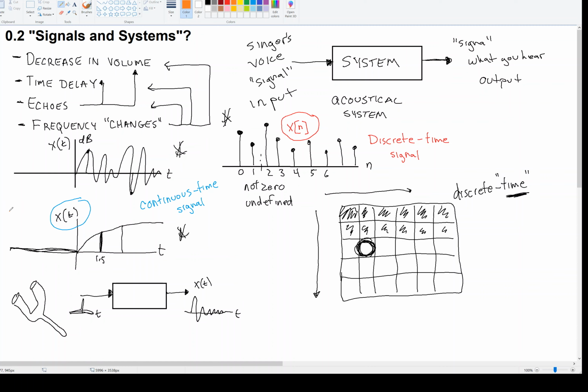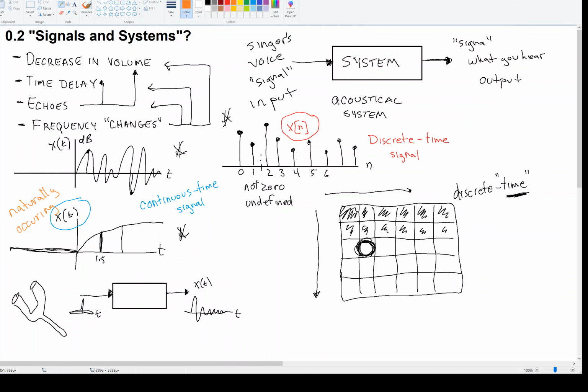Continuous signals are what we would say are naturally occurring. The sound pressure as somebody speaks, the voltage across a capacitor, a mechanical body vibrating. These are naturally occurring. They're going to be continuous time.